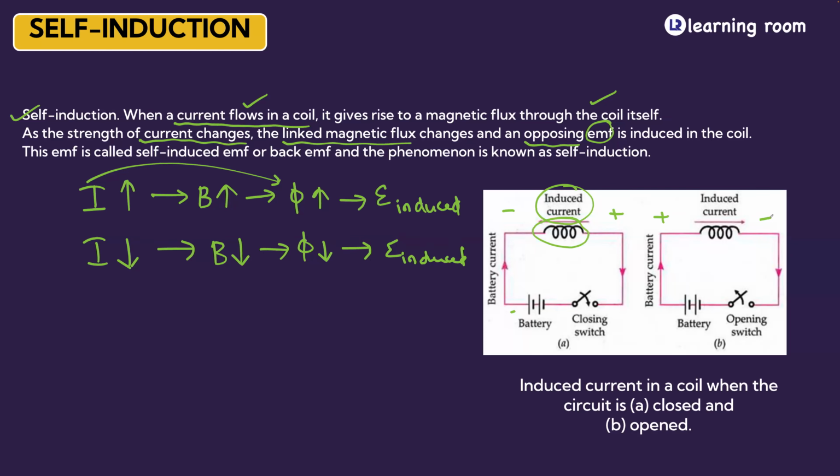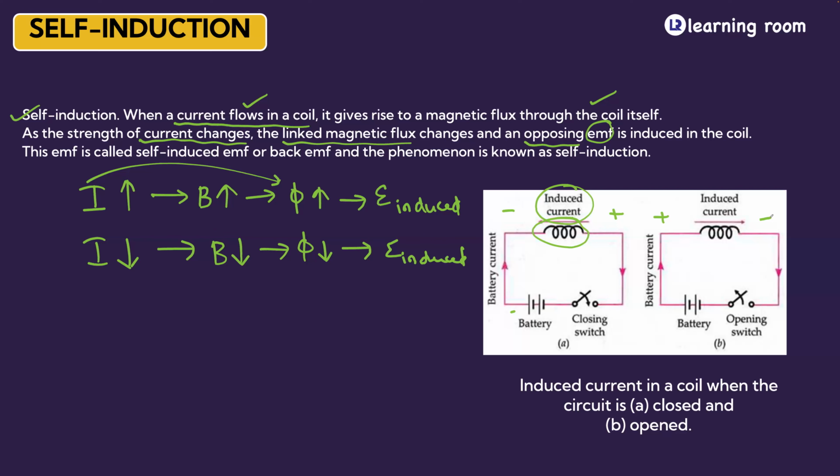What does it state? Flux increases, the current will flow in such a way that it will try to decrease the flux. So when you close the switch, flux is going to increase. So induced current will try to decrease the original current. That is why, if the current is in the clockwise direction, then the induced current will be in the anti-clockwise direction. What will happen in the case when you're trying to decrease the flux?